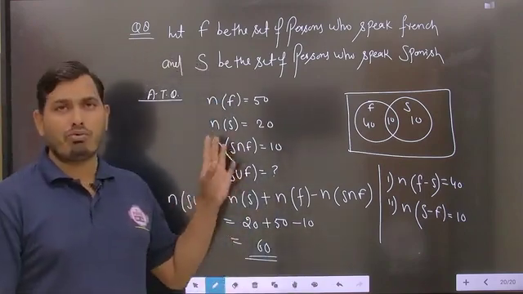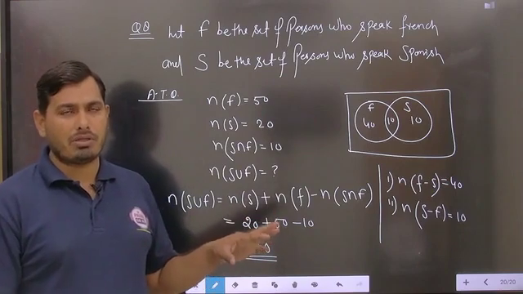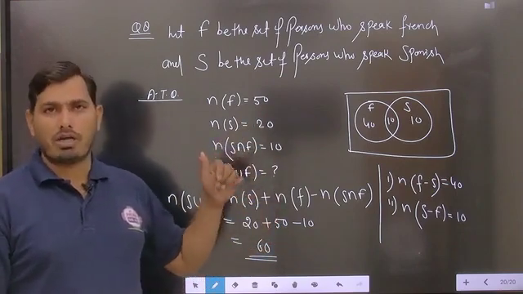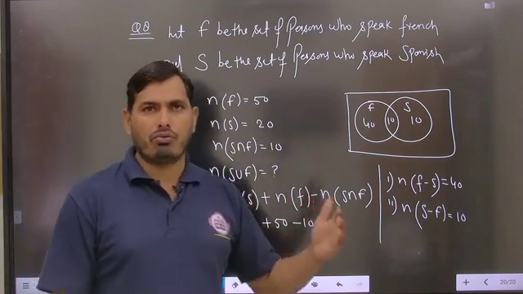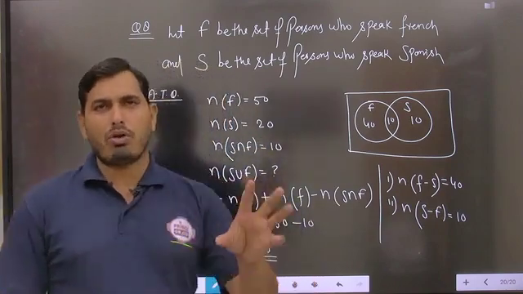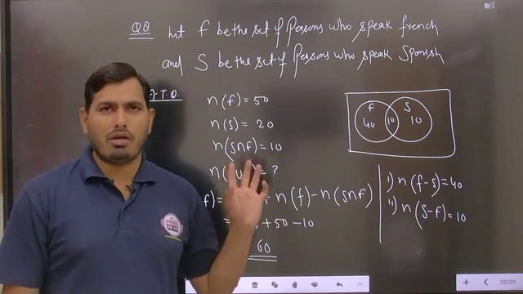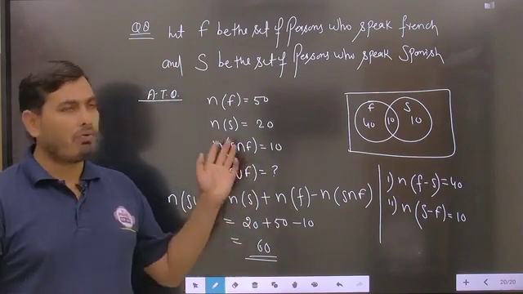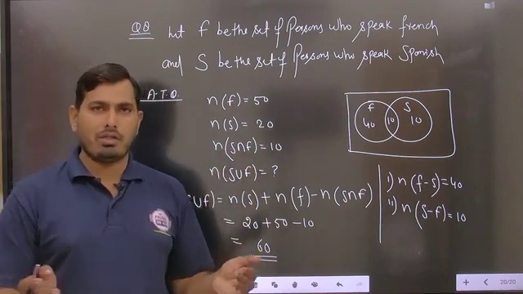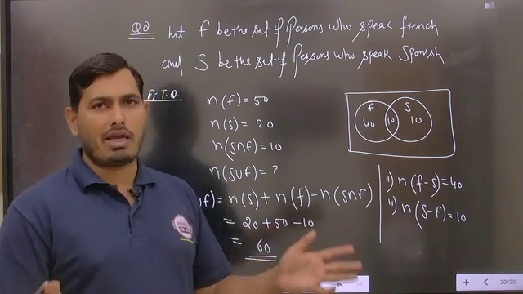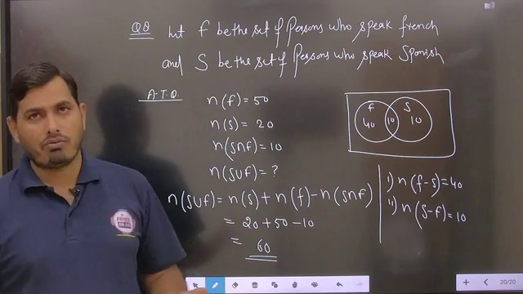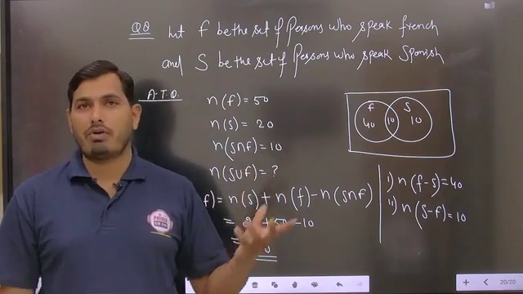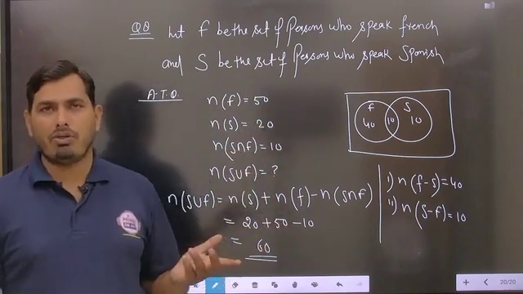But we have to know each and every operation, and we have to know the meaning of each and every given thing, and the different terminology we have to use in sets. So these terminologies we have to identify, then definitely you will be able to find the answer of each and every part. And this particular chapter will be used in the entire calculus, again I am saying, because when we start the next chapter, relation and function, then again the sets theory will be used. Is it to be clear?